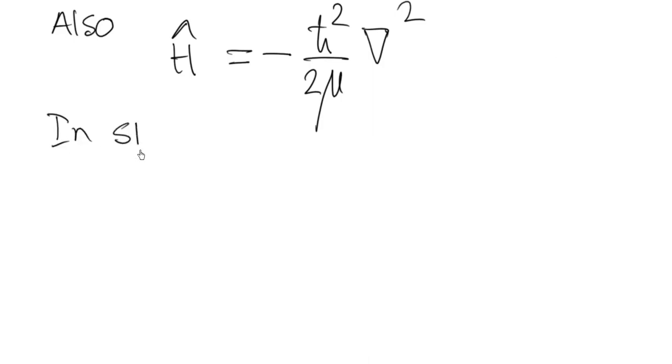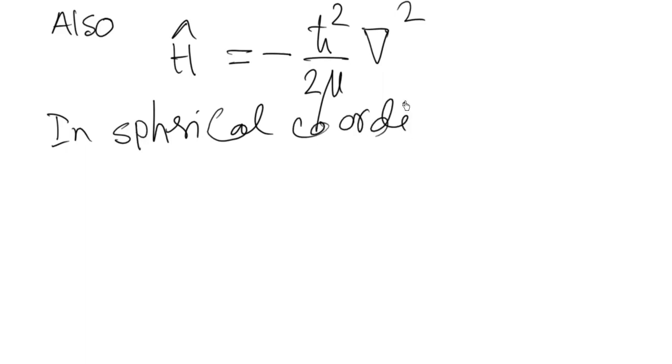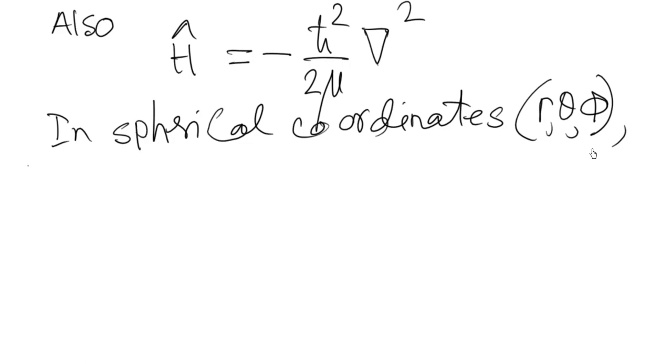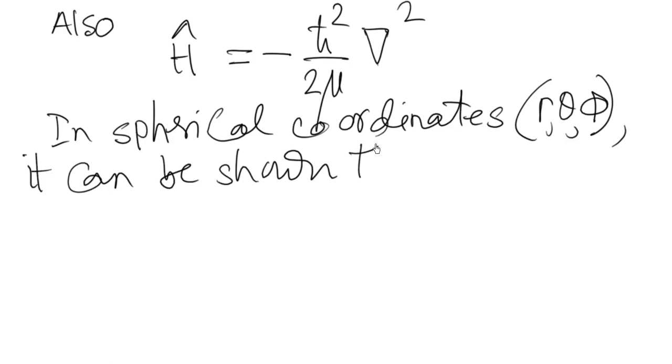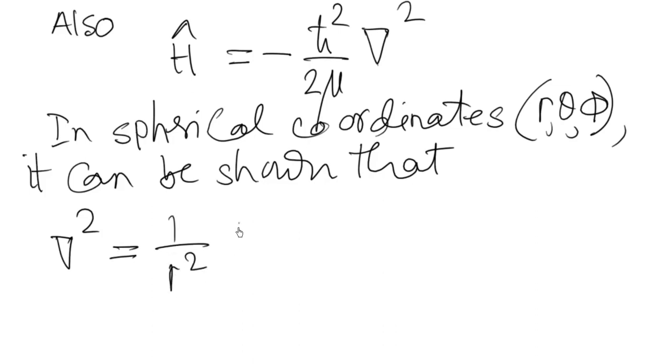We work in the spherical polar coordinate system, because we need to express this del square operator, or even the L square operator, in terms of theta and phi. In spherical coordinates, it can be shown that this operator is this.